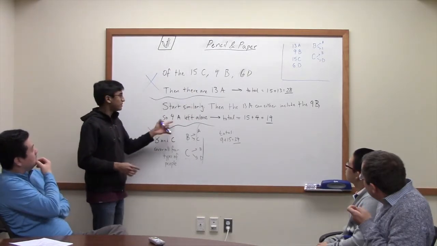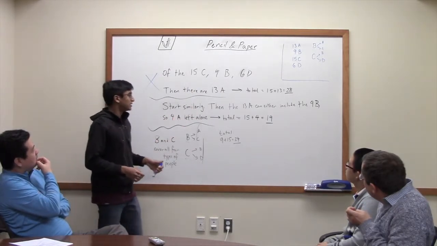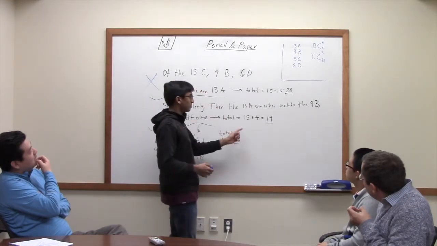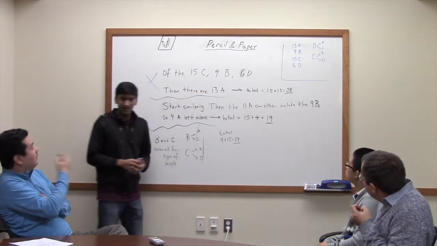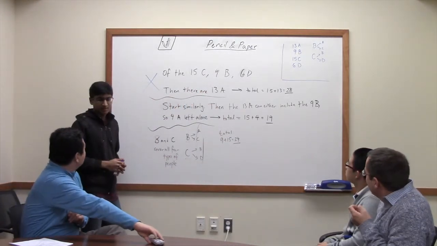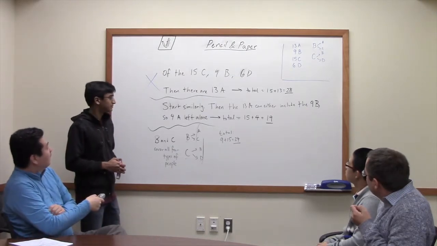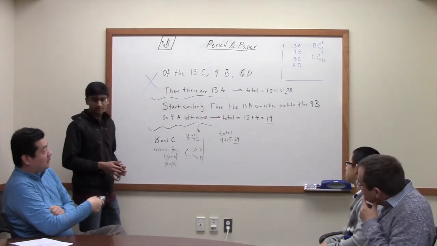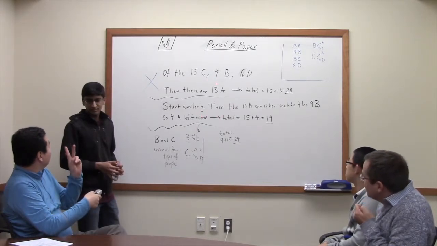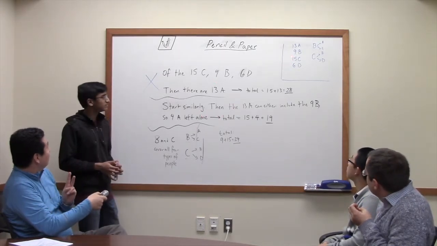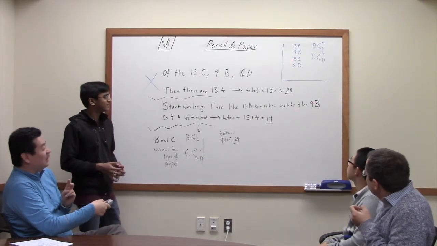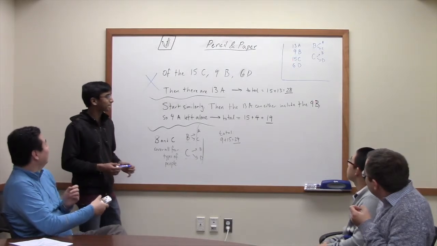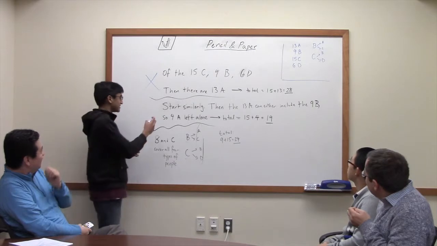So we have 4 people left, that's 13 minus 9. The total is the 15 from before plus these 4, which is 19. I think this one is the more common mistake, because I remember I have done this wrong answer before. The trick is 15 equals 9 plus 6, and also there's an overlap. But it turns out this is also wrong.